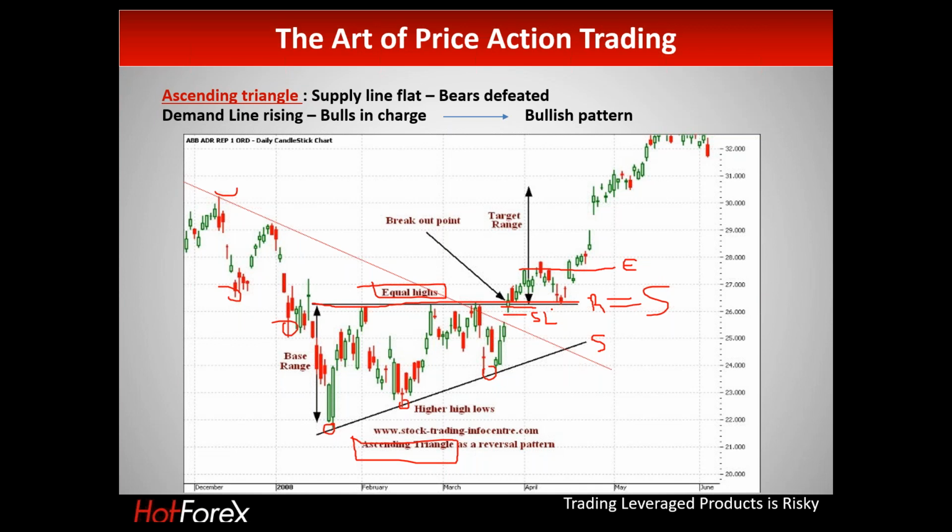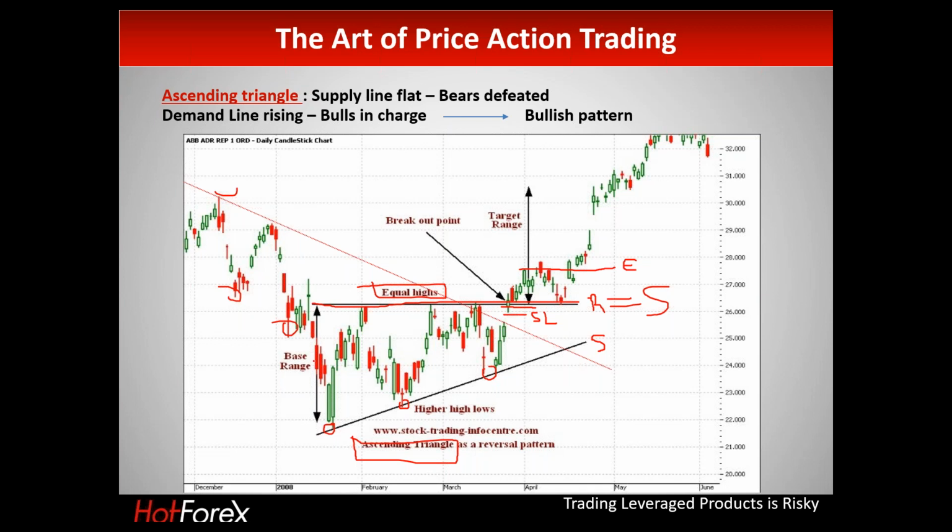Okay, fair enough. Where is the target? Now it's pretty much the same mentality. You need to measure the distance between the resistance and the support level. But because we are in a descending triangle, in an ascending triangle, because we're in a triangle in general, we need to take the distance based on the base range over here.